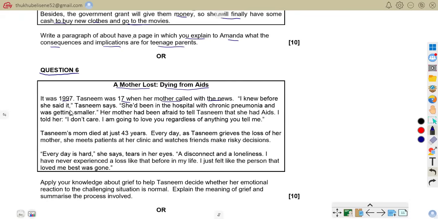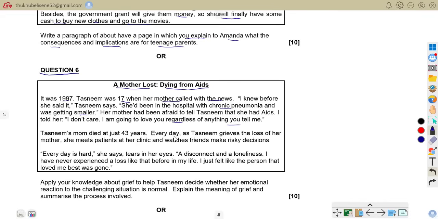Her mother was in the hospital with chronic pneumonia. Her mother had been afraid to tell Tasnim. She told her, I don't care, I'm going to be with you regardless. Then Tasnim's mom died at just 43 years.